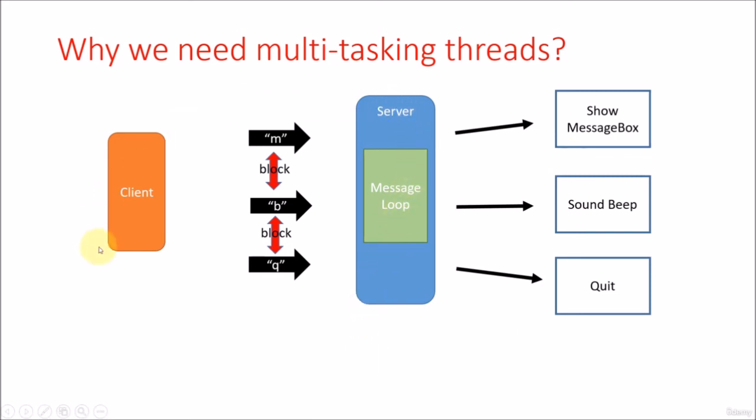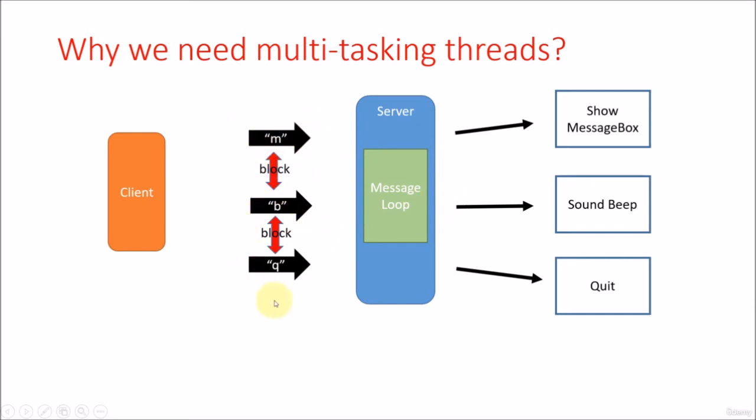On the left we have our client, and in the center is our server RAT. The server RAT has got a message loop, which is actually a while loop which runs perpetually. So when the client sends any messages, it will send it to the server RAT, which will then receive it and process it.